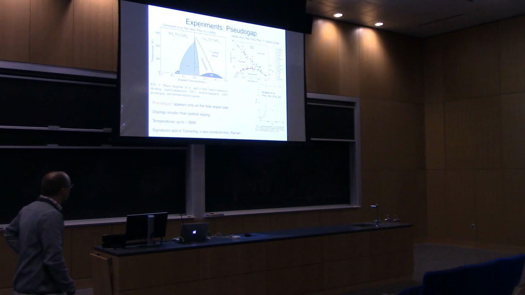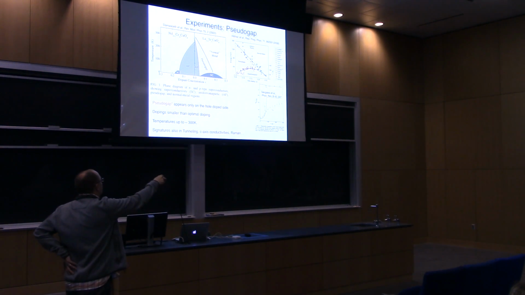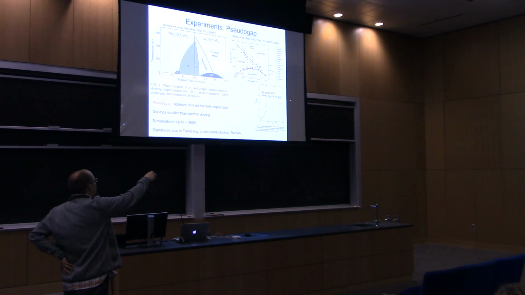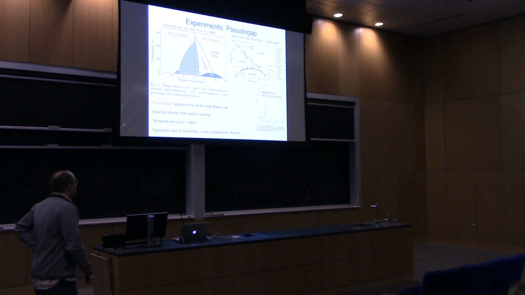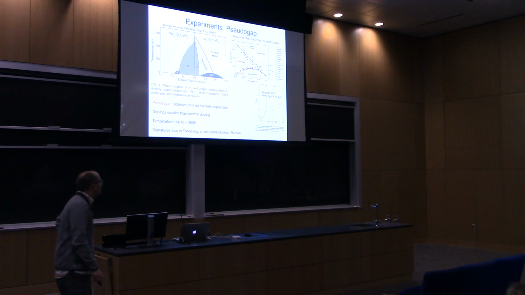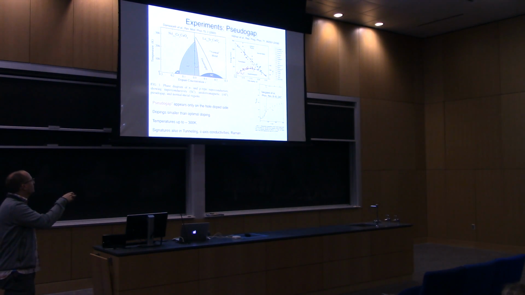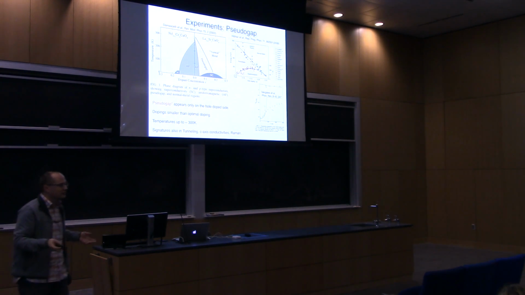What actually happens is that, up here, you can see that the actual NMR Knight shift is strongly suppressed from what you would be expecting, and then at the superconducting transition, there's not that much happening. And that has led people to speculate that what's happening above the superconducting transition is what's happening below the superconducting transition.